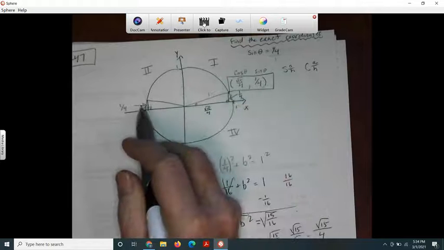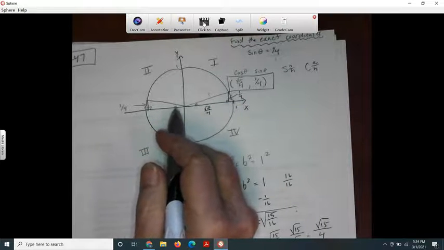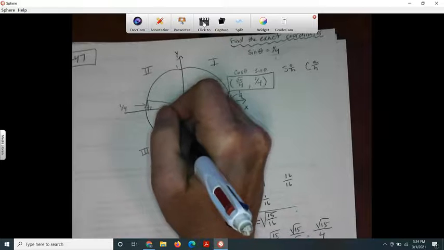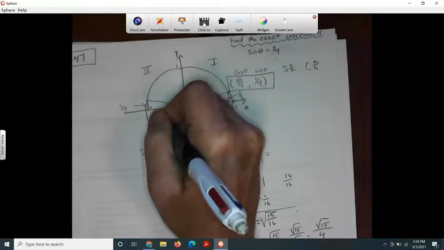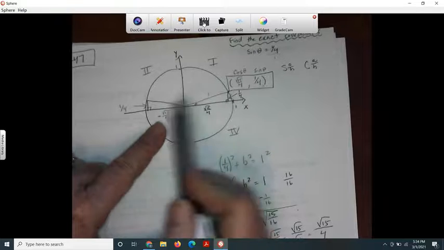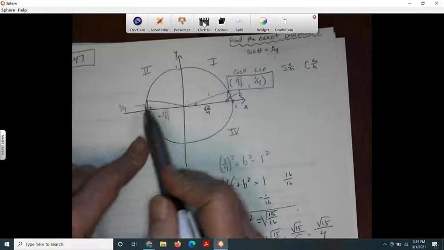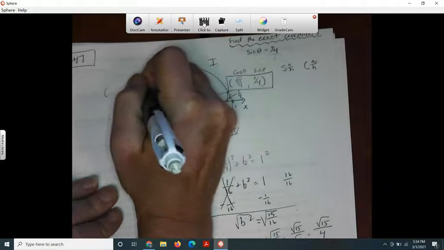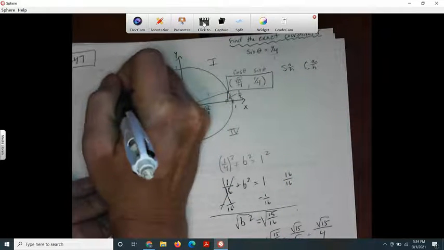If that side length is 1/4 and this angle is equal to this angle, this is root 15 over 4. But I have to say that it's negative because that's 0, that's 1, that's -1. It's on this side. So the exact coordinates for this point right here would be negative root 15 over 4, comma 1/4.